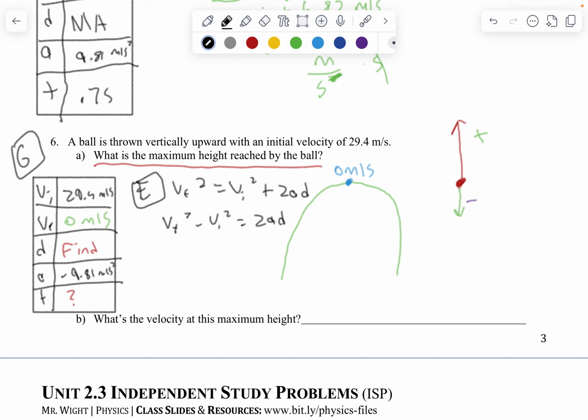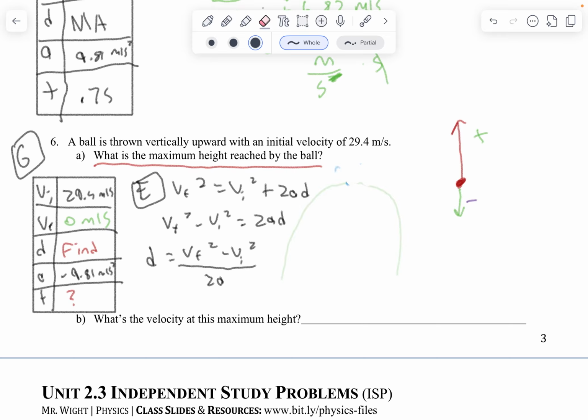And then we can divide by 2a on both sides, right, to get d. So then d equals final velocity squared minus the initial velocity squared, divided by 2a. Amazing. So now let's plug in our values like we always do. I'll erase this over here so we have a little bit more room.